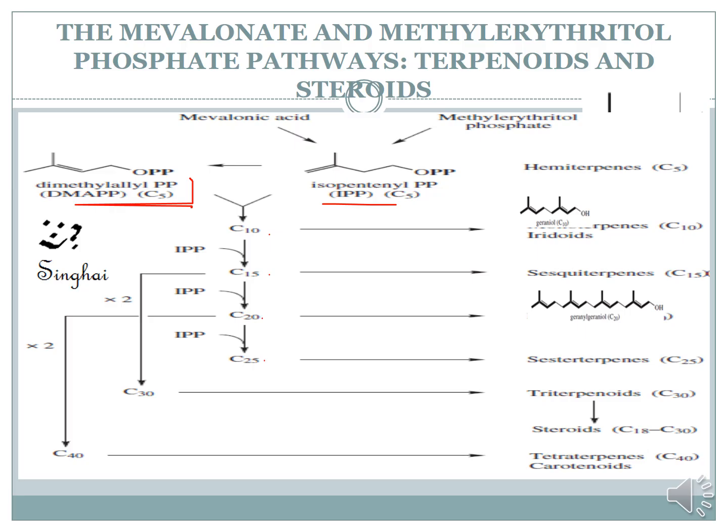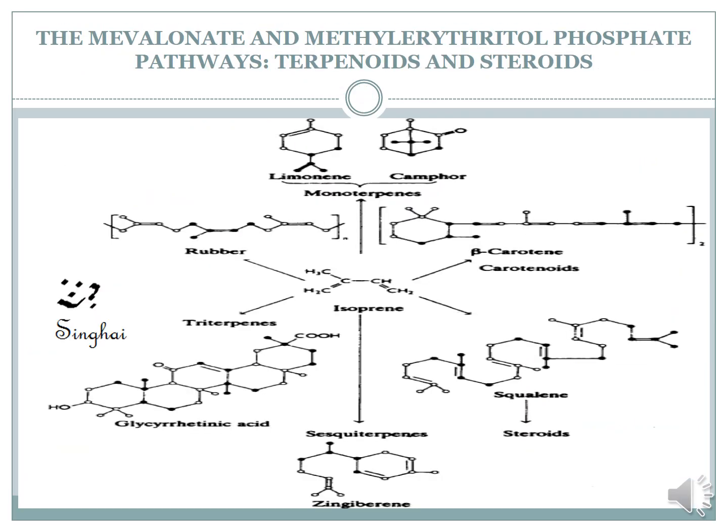You can see the addition of IPP at every place increases the unit by 5 to form different types of terpenoid compounds: hemiterpenes, iridoids, sesquiterpenes, sesterterpenes, triterpenoids, steroids, tetraterpenes, and carotenoids. Isoprene is the basic unit for the formation of this type of terpenoid compound, that is C5H8.